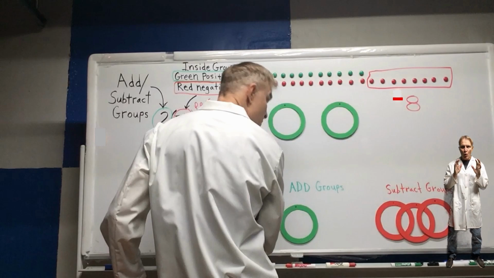The strip or string of green and red pegs at the top of the board is our total. An equal number of green and red pegs at the top is neutralized and gives an answer of 0. We can either add pegs or subtract pegs from the total.